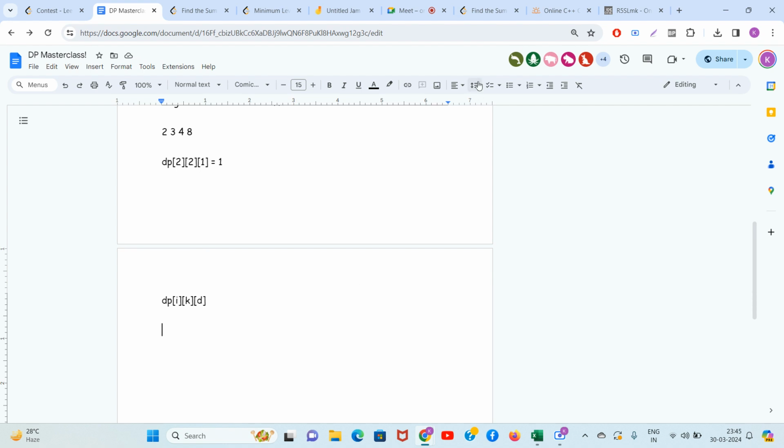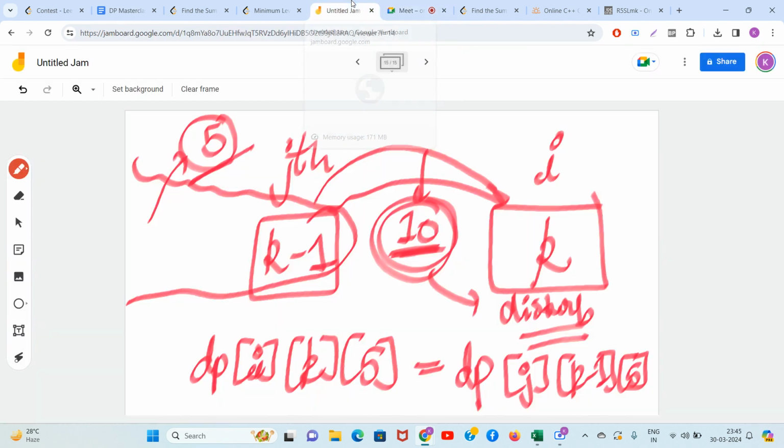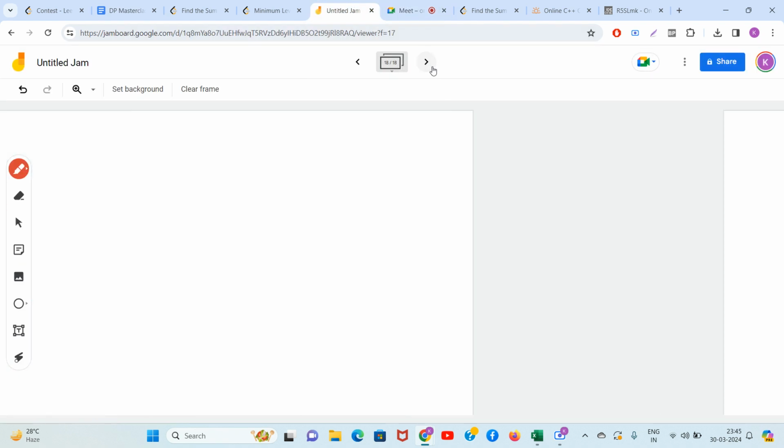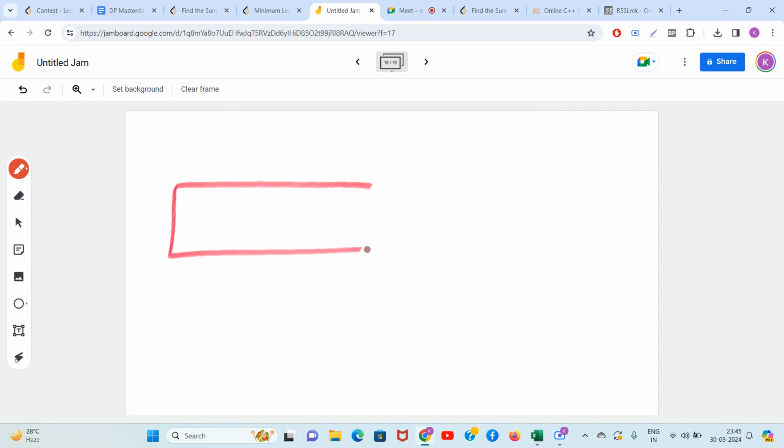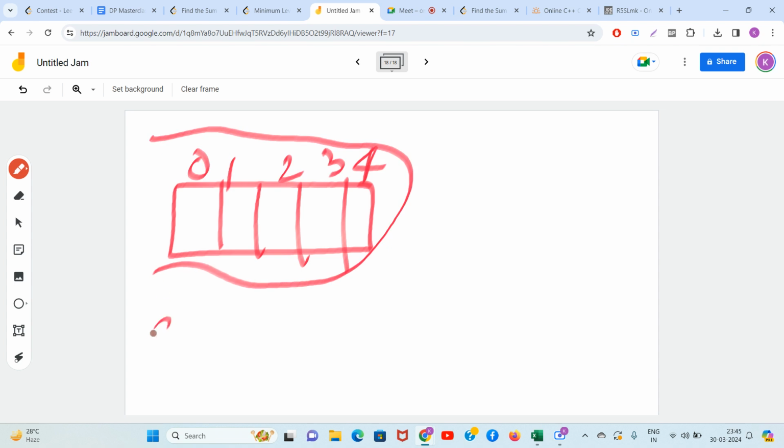Even when you are trying to find for three element sequences, let's understand what happens here, guys. Say we have indices 0 1 2 3 4. You now know everything about dp for length 2.